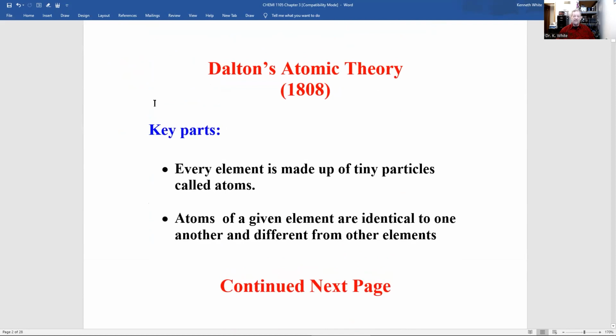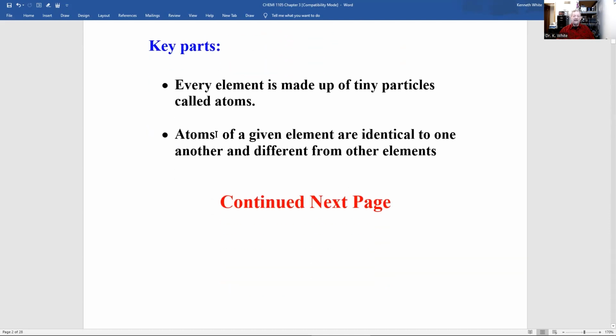Now, a long time ago, a great English chemist came up with atomic theory. This won't be on a test, but it's good background information. The key parts of Dalton's atomic theory: every element is made up of tiny particles called atoms, and atoms of a given element are identical to one another and different from other elements.